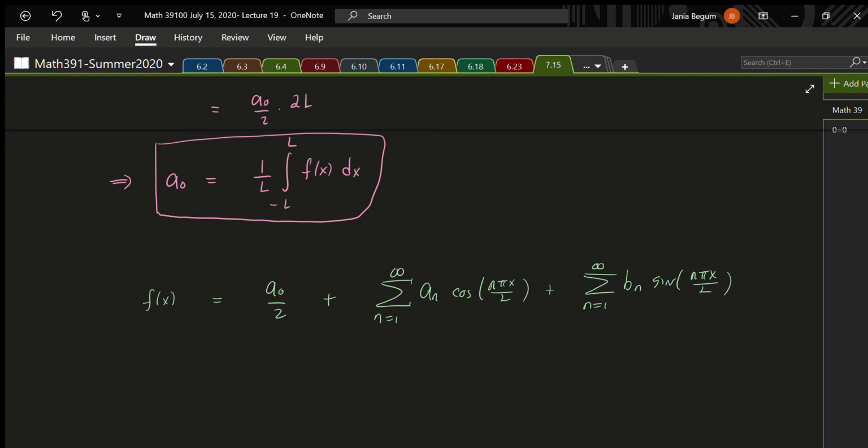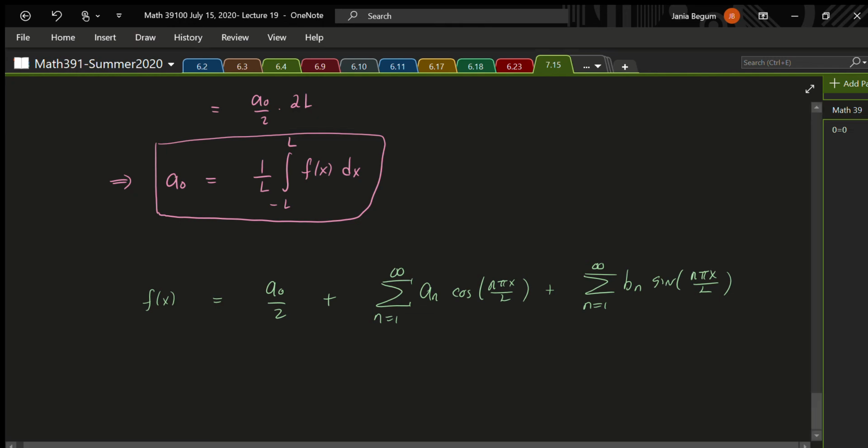Okay, so let's do that. I'm going to multiply both sides by cosine, so we have f of x times cosine of m pi x over L. I'm using a different argument: instead of n, I'm using m.